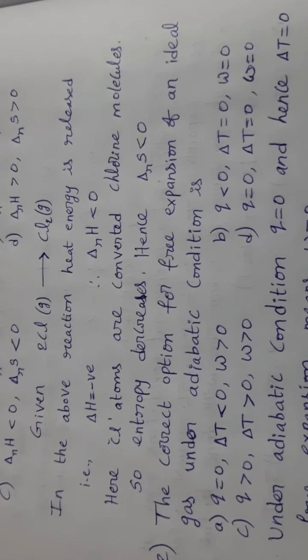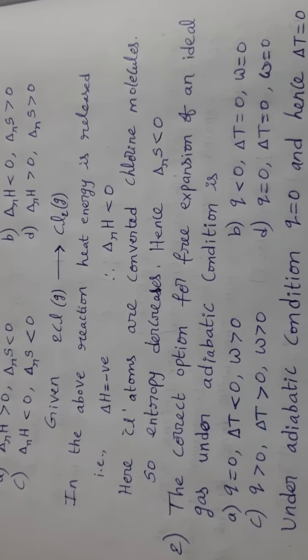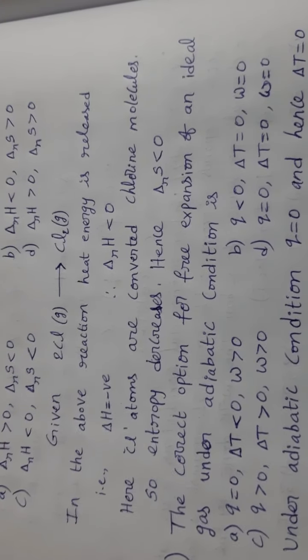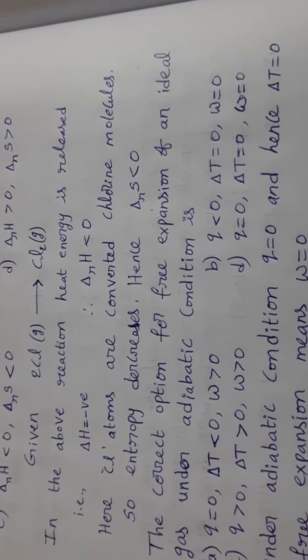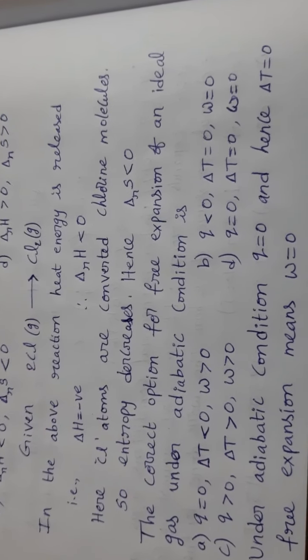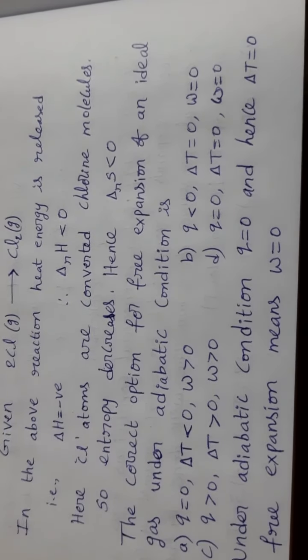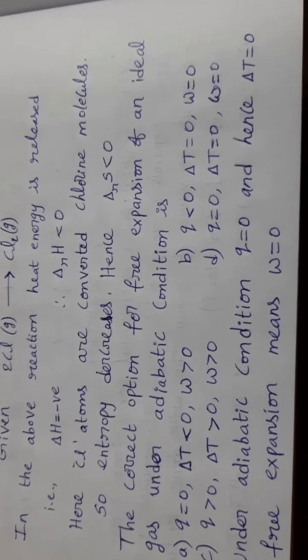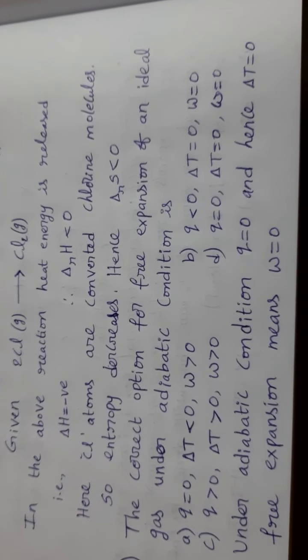Adiabatic condition means Q equal to 0. No transfer of heat energy between system and surroundings, and hence no temperature change, delta T equal to 0. Free expansion means work is also 0. So what is the suitable option? Q equal to 0, delta T equal to 0, W equal to 0. Option D is the answer.